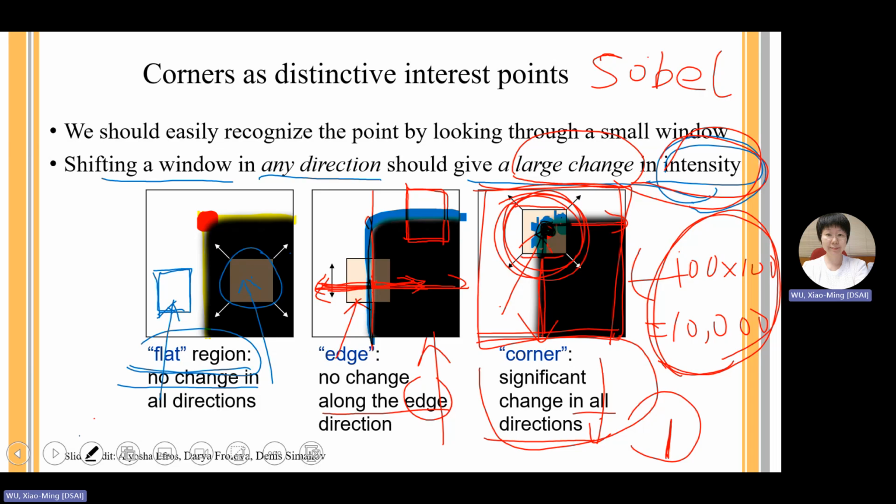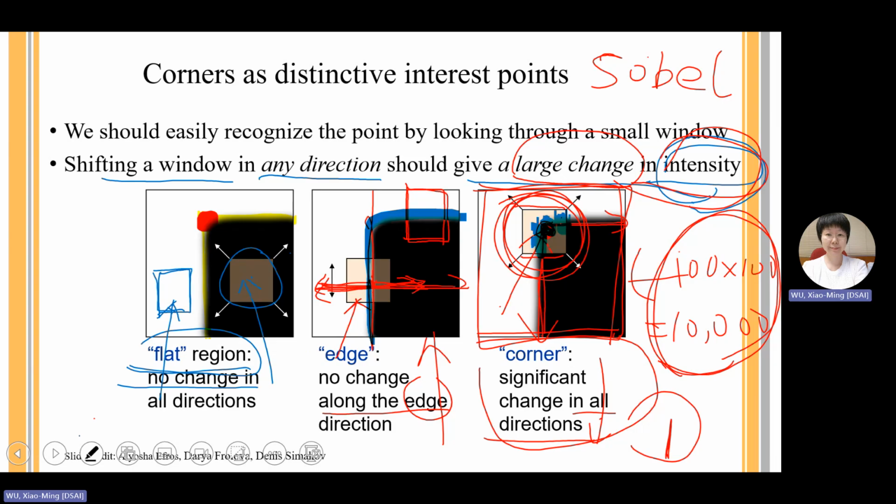Then what should we do? Multiple points with high response. What do we do in edge detection?